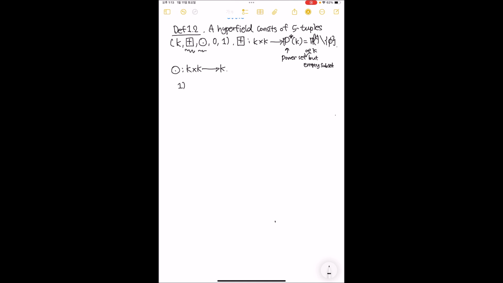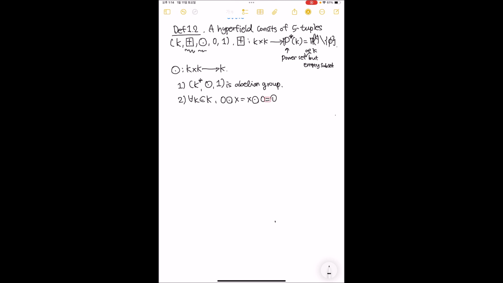Then the first condition is just an enumeration of the definition, so it's boring. K star, meaning K without 0, is an abelian group. And for all k in K, that is 0.